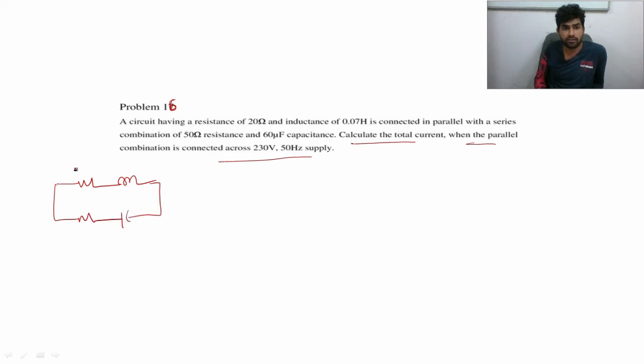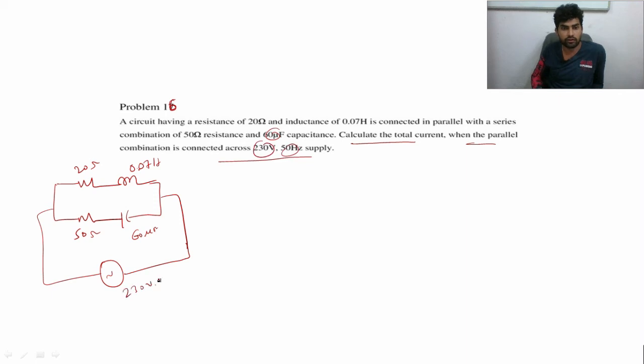This one is 20 ohm, and then 0.07 Henry, 50 ohm and 60 microfarad. The supply voltage for this parallel combination is 230 volts, 50 hertz.